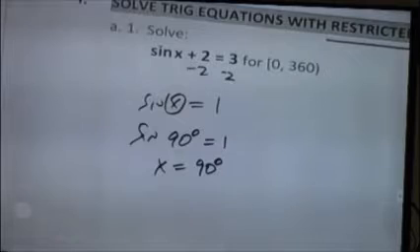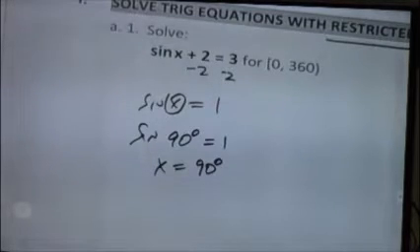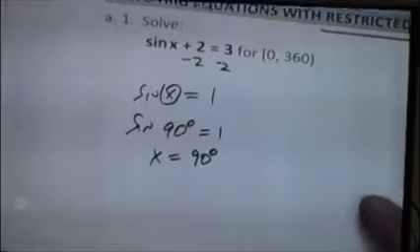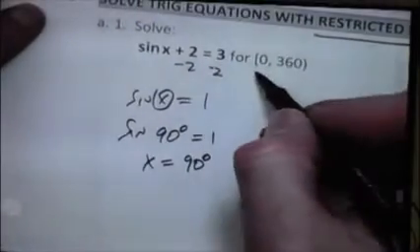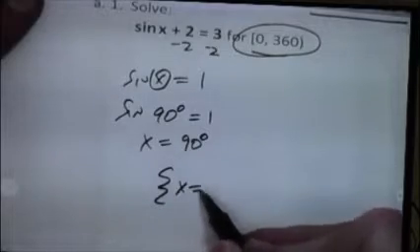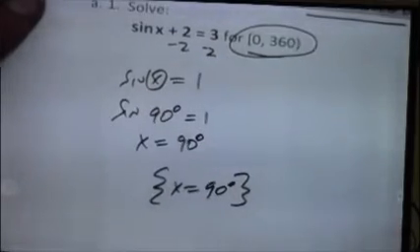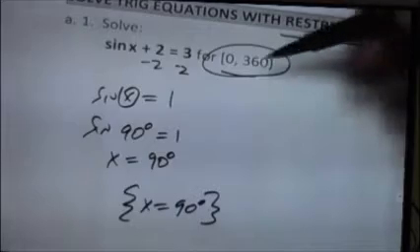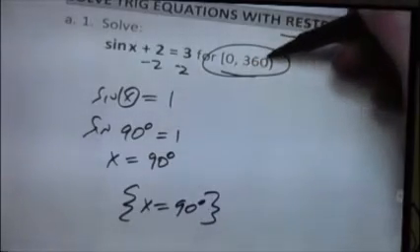So what we've done here, I am missing a page in my notes for it. Oh well. Okay, so that fits inside this restricted domain. So I would simply say x is equal to 90 degrees. This is written in terms of degrees.